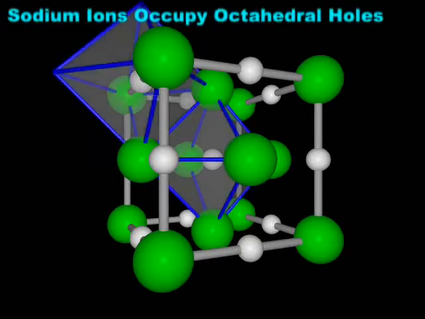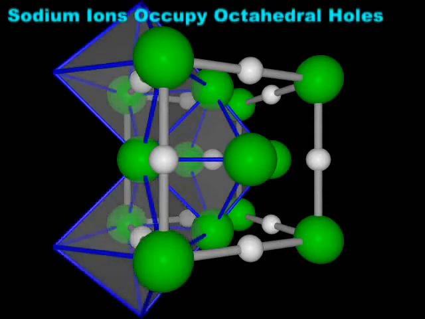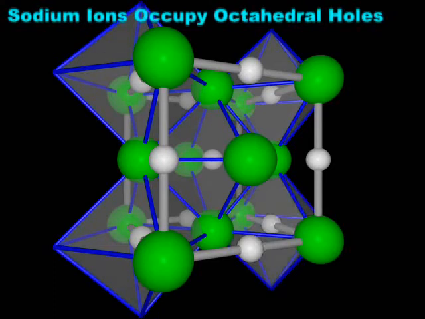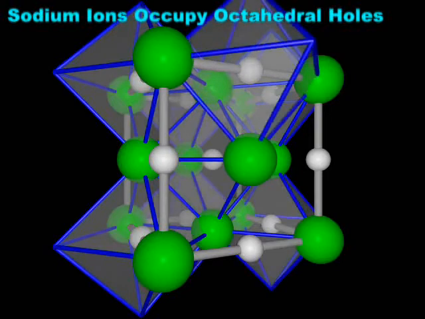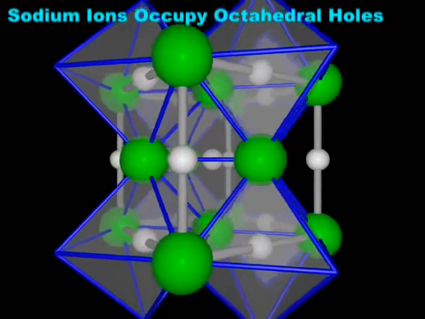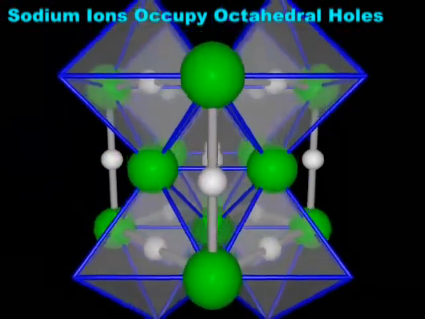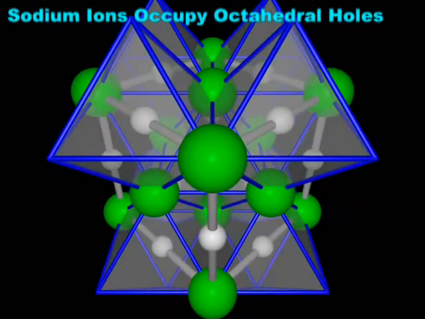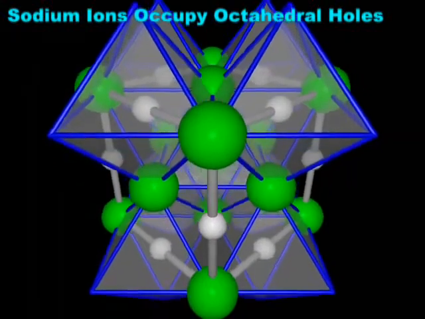Each sodium ion lies at the center of an octahedron of chloride ions. Since an array of n close-packed atoms gives n octahedral holes, and since there is 1 sodium ion for every 1 chloride ion, all of the octahedral holes are occupied. In contrast, the tetrahedral holes are vacant.